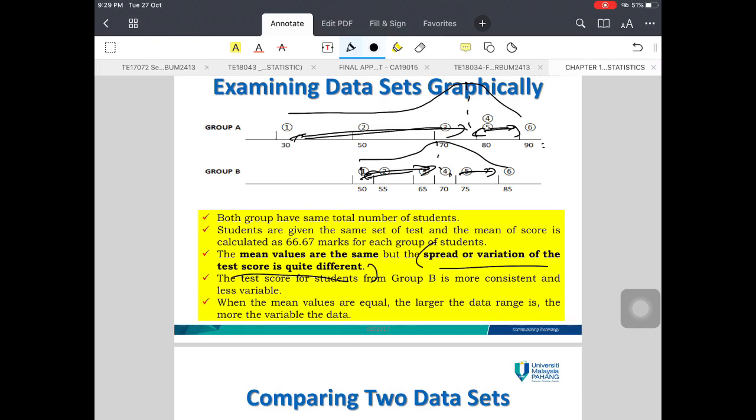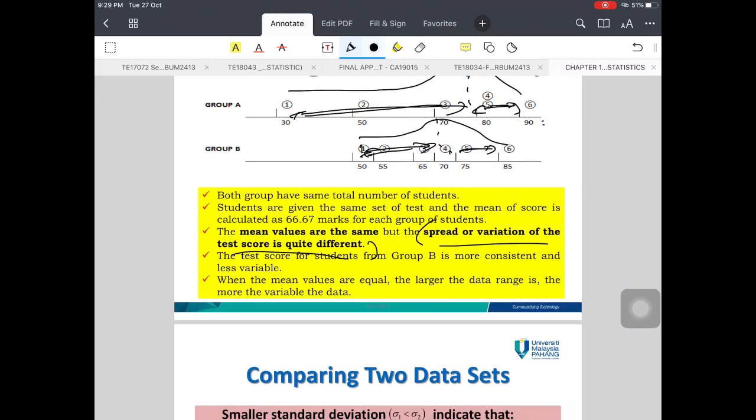So from group A and group B, we can see group A has more variability compared to group B. Group B is quite more consistent. The spread is smaller compared to group A. So we can conclude that the test score for students from group B is more consistent and less variable. When the mean values are equal, the larger the data range, the more variable the data.